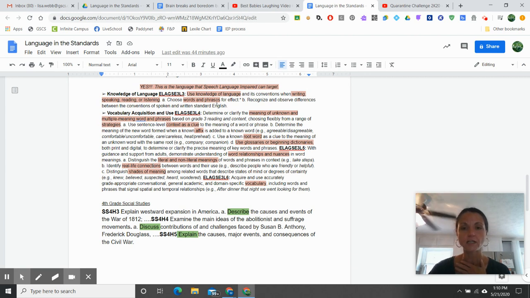So you see that they talk about the knowledge of language, speaking, reading, listening, writing, words and phrases, meanings and multiple meanings, using context clues, using language strategies, identifying root words, suffixes, prefixes, word relationships, nuances. All of these things are things that we work with in speech and language. These are heavy language issues.